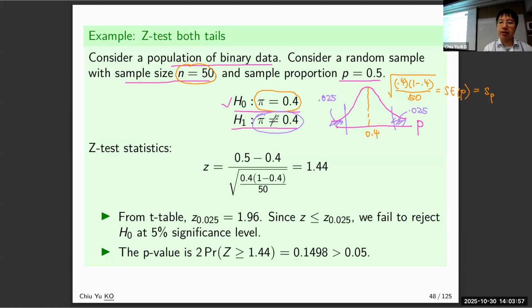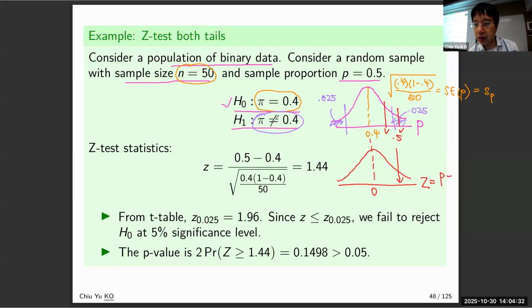The question is simply whether 0.5 is here or here, that is, whether it's in the purple region or not. Because it's normal, you can always convert to z, and this becomes 0. And 0.5 becomes what? Remember, this is just p minus 0.4 over this capital guy.